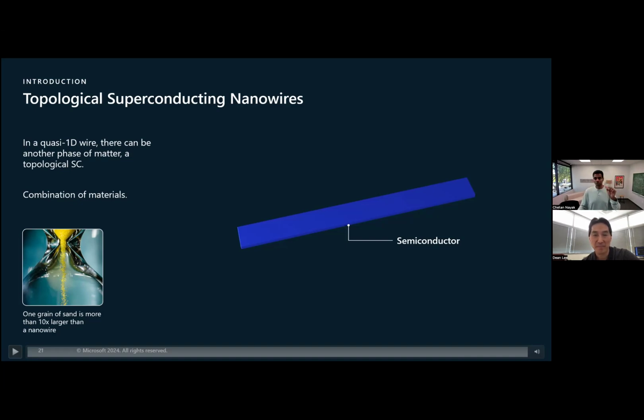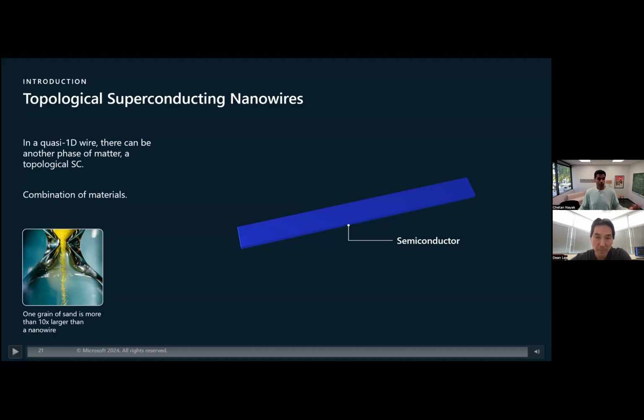At those thicknesses, the energy scale associated with motion in those confined directions is much larger than the temperature, much larger than other energy scales. So there's very little motion in the lateral directions, and all motion is along the wire. In that situation, it acts like a one-dimensional system because things can just move along the wire, and there's really no motion in the perpendicular directions.